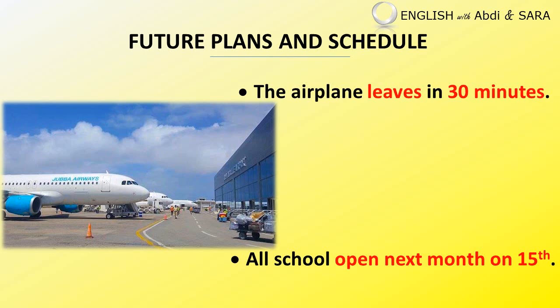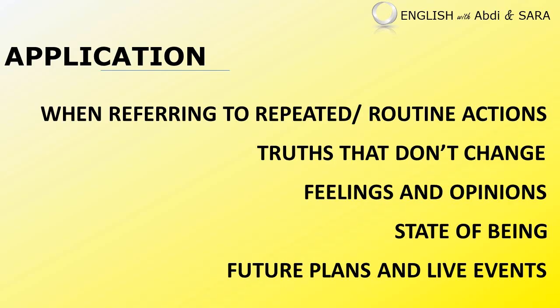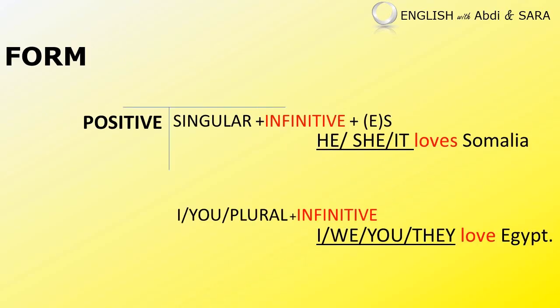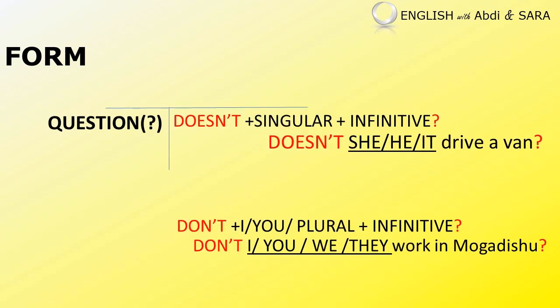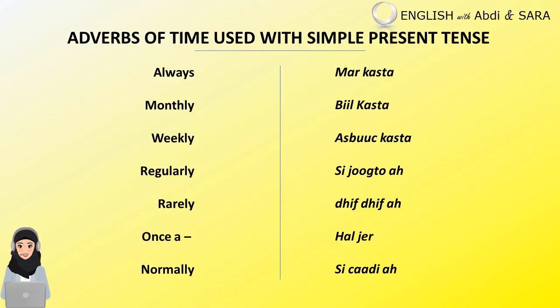Pause this video and write for me all the application places where we can use simple present tense. Equally, I'd like for you to write the order or the form of simple present tense. At this point, I will give you more adverbs of time that we can use with simple present tense.